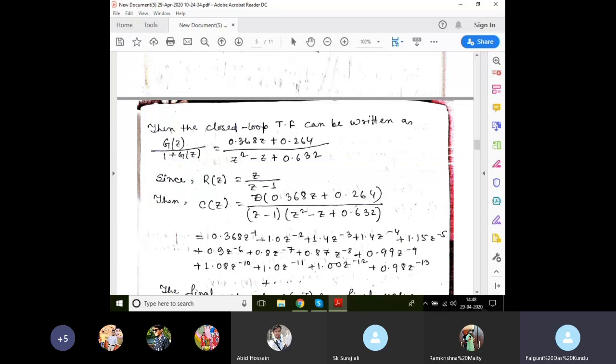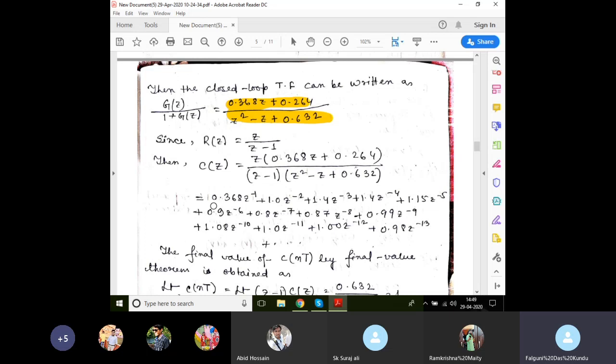C(z) is nothing but z by z minus 1 into this. Now, after simplifying this, means dividing the numerator by the denominator, we find the value of C(z) is nothing but this.